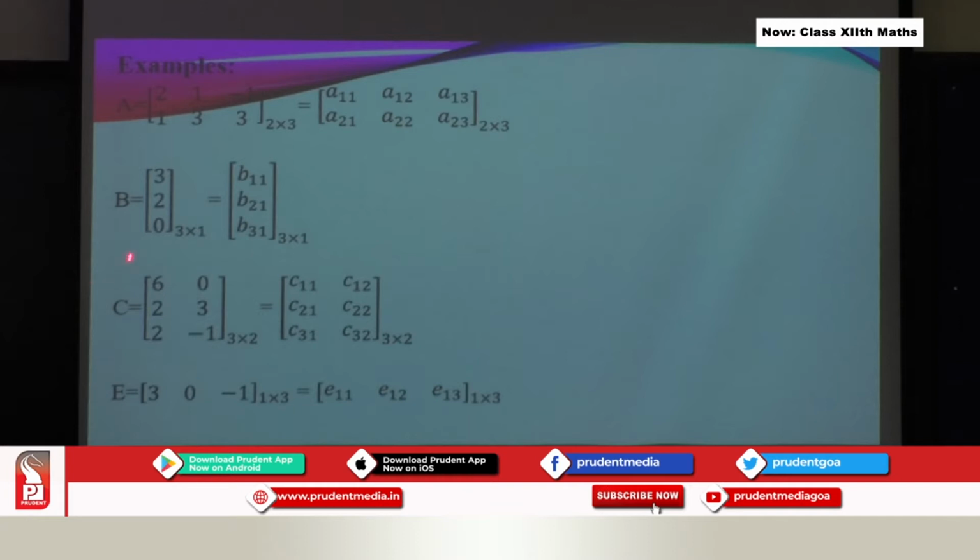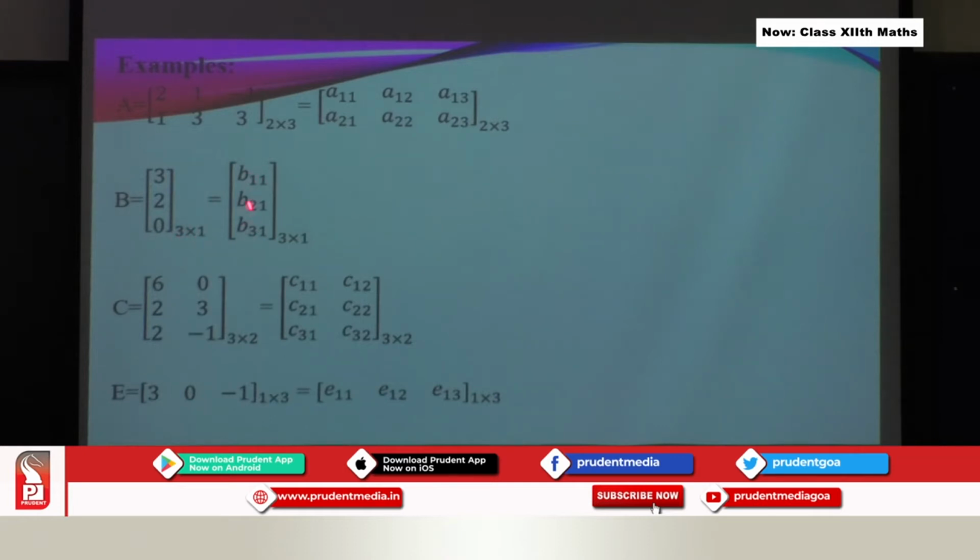Now look at this another matrix here. Here I denoted as A, here I denoted as B. Now look at this. How many rows do you have? 1, 2, 3. And how many columns do you have? Only 1 column. So here I say 3 cross 1. Since we have 3 rows and 1 column, I get it here as 3 cross 1.